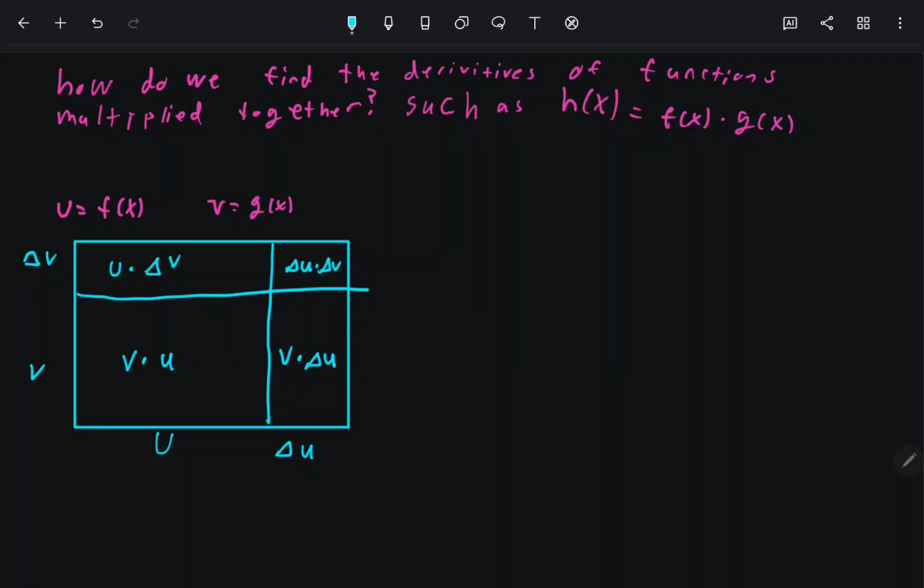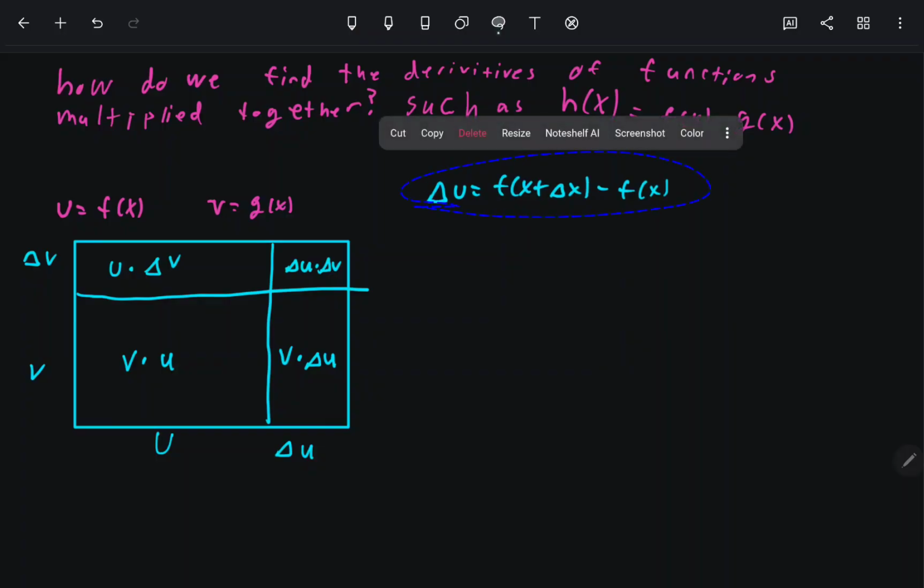Okay, now what? Let's define what these changes in u and v actually are. Since we're not really looking at the derivative, we just want to know how x is changing. Our change in u, if u is f of x, is going to be f of x plus a little change in x minus f of x.